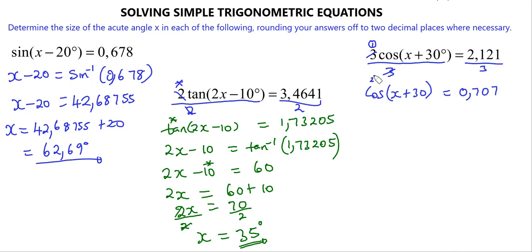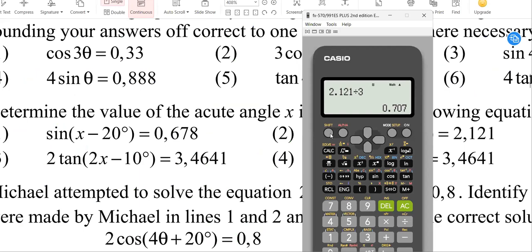Number 2. We need to get rid of number 2, which is cos. So cos is something that we need to get rid of. Now we are going to be left with x plus 30 is equal to arccos of 0,707 in brackets there. And here, if we are to shift, sorry about that one.